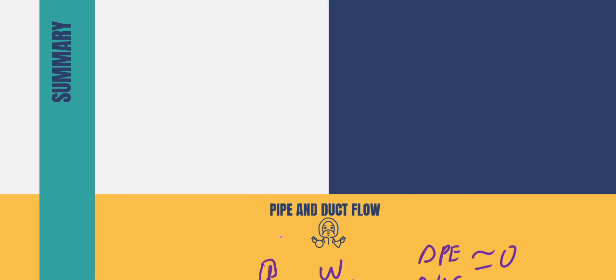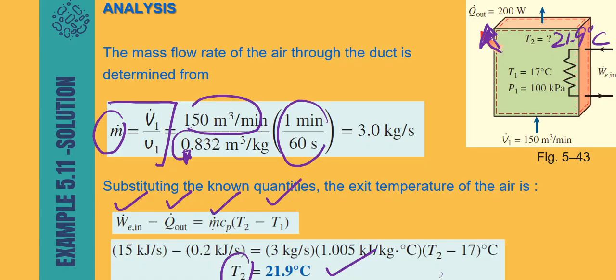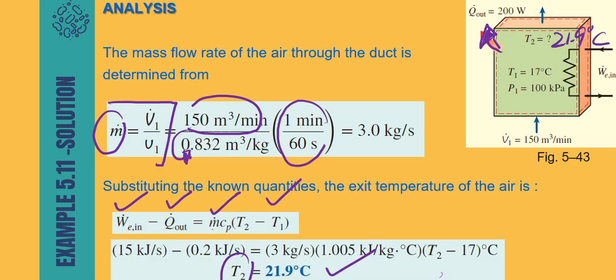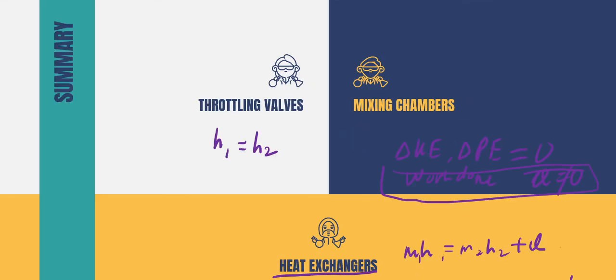So any question, make sure you know the working principle of these devices, and make sure you memorize the general energy balance equation. Okay. So with this we have finished 2 chapters, chapter 4 and chapter 5. Any question? If no question, we can dismiss our class now. Thank you for your attention.